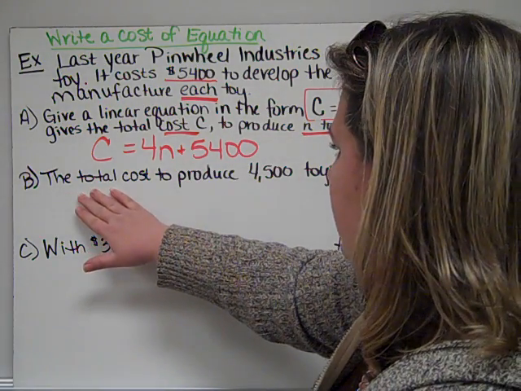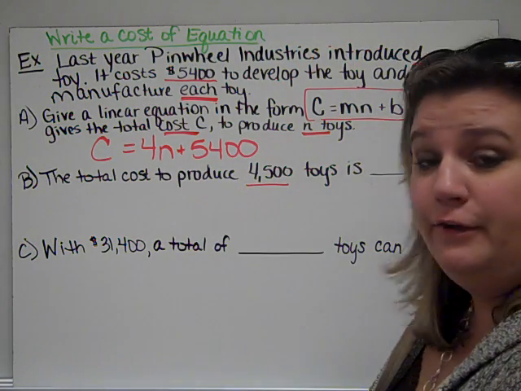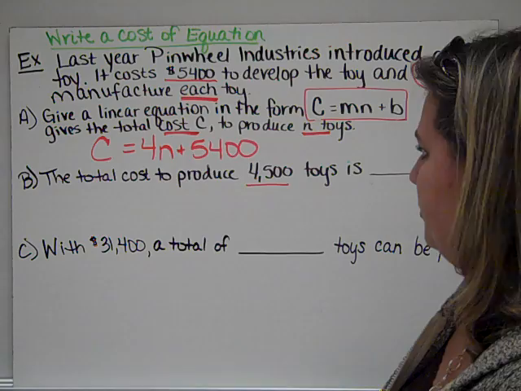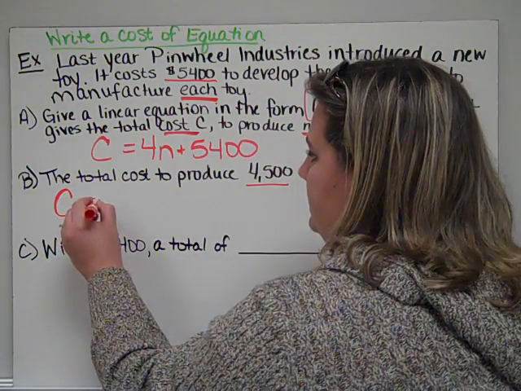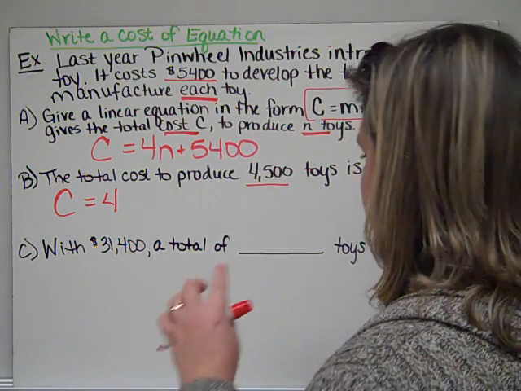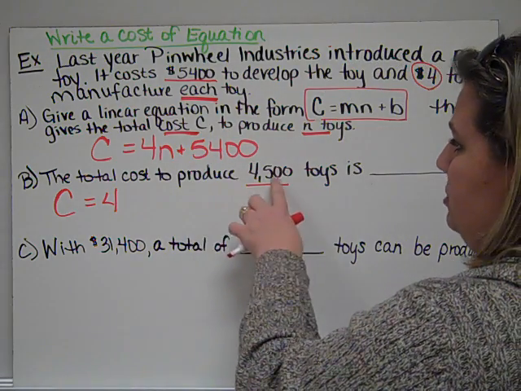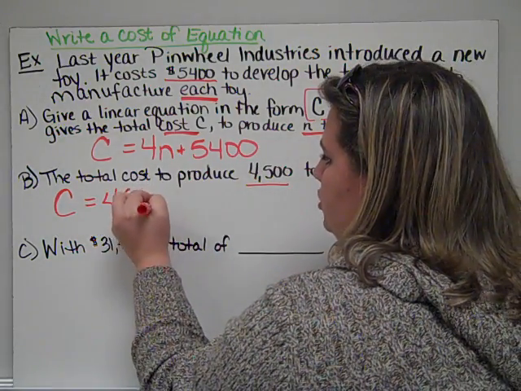So for B, we're asking what is the total cost to produce 4,500 toys. All right, so let's go about that. Here we have our total cost, and it says how much is it going to cost to produce 4,500 toys.